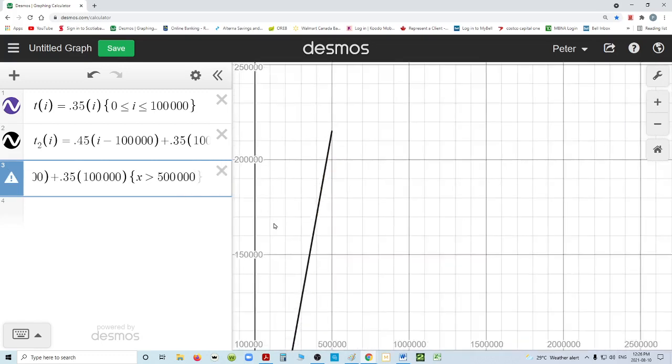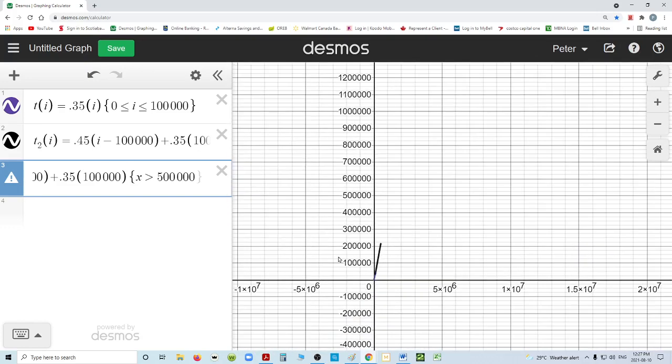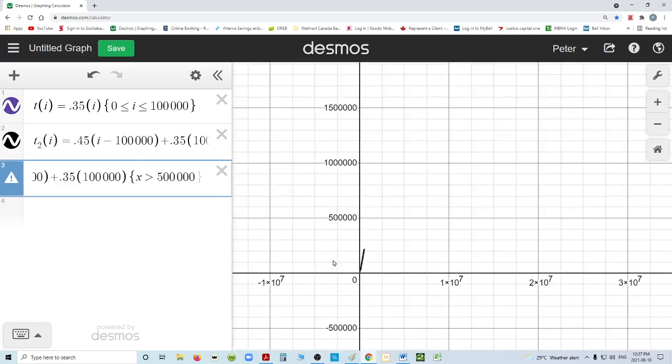Now it should have been connected, so let's see what I did wrong. So you get tax 0.55 when the income is bigger than 500,000, plus 0.45 times the original 400,000, plus 0.35 times the original 100,000 when X is bigger than 500,000. So that should have appeared. And so I've done a minor calculation error somewhere because I don't see it.